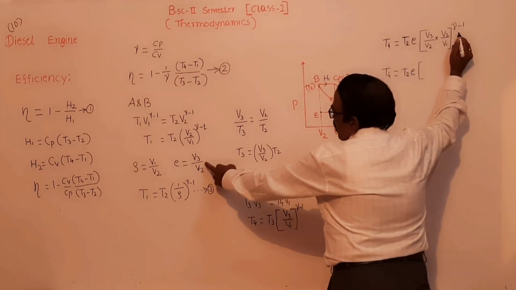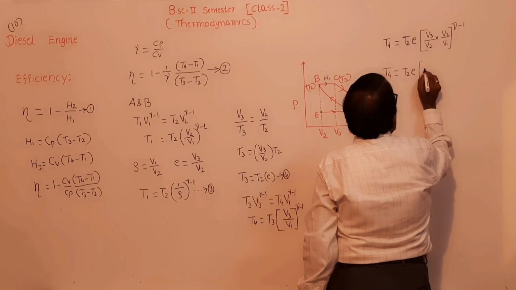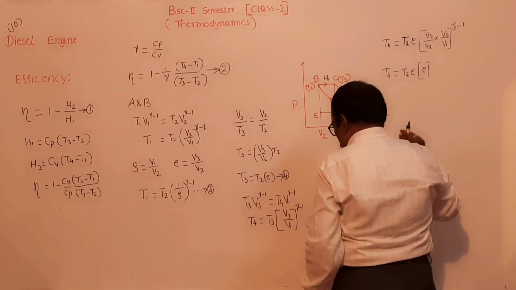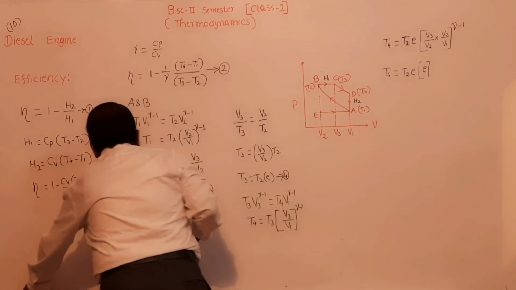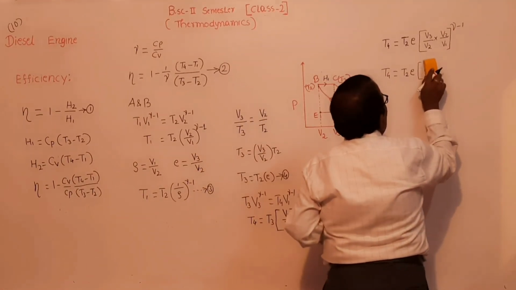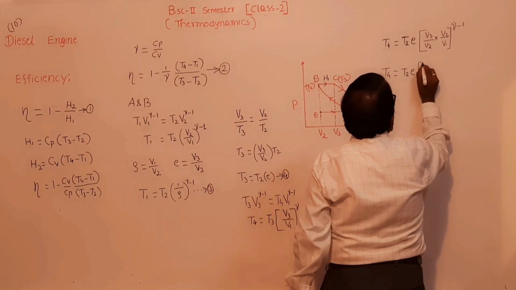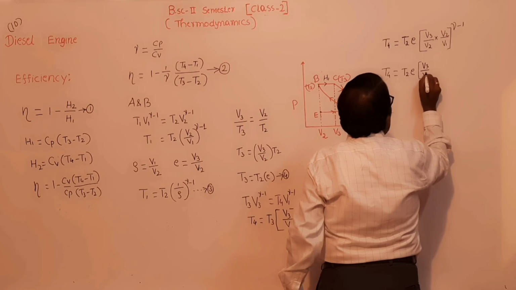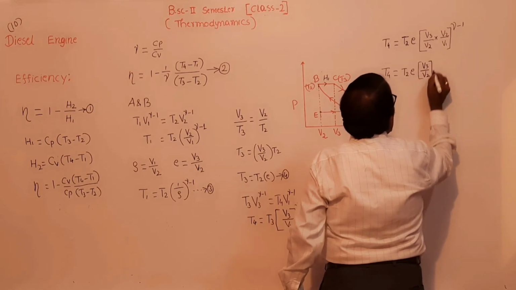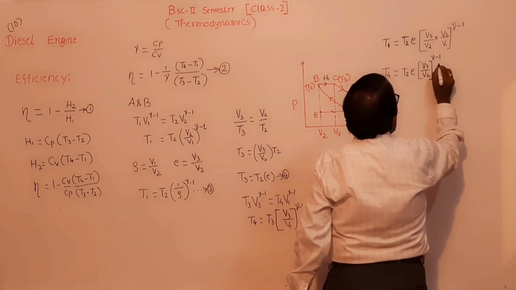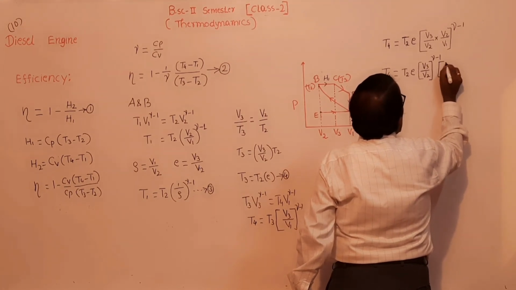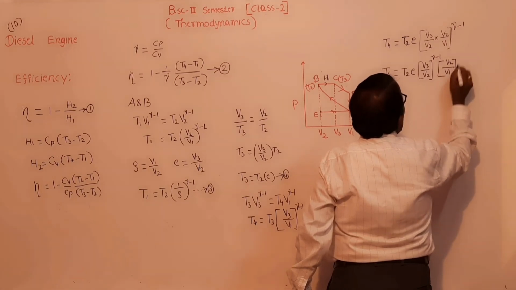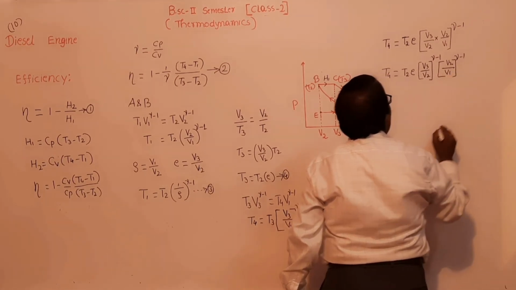V3 by V2 is E. So you write this first, the ratio: V3 by V2 to the mu minus 1 into V2 by V1 to the mu minus 1.